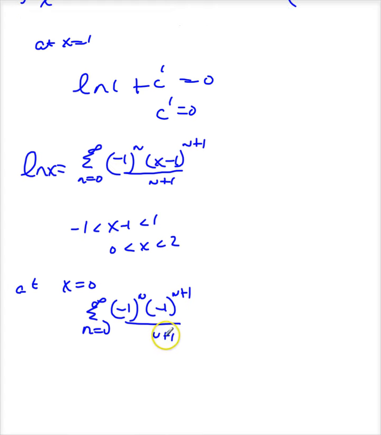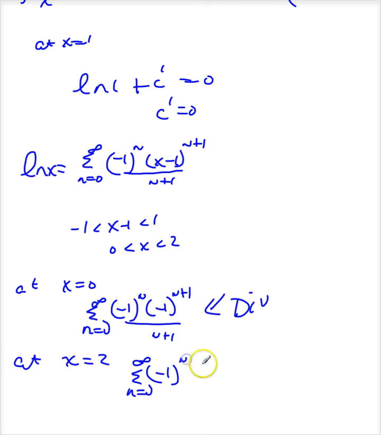So this is going to wind up diverging because I have that 2n, so it's divergent.